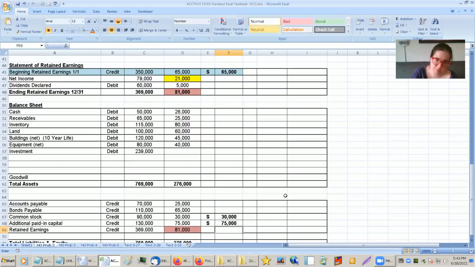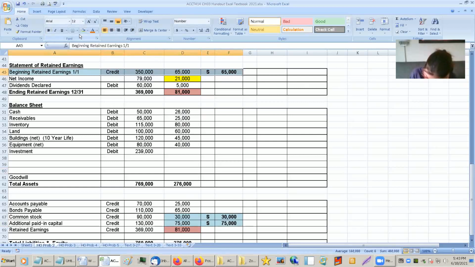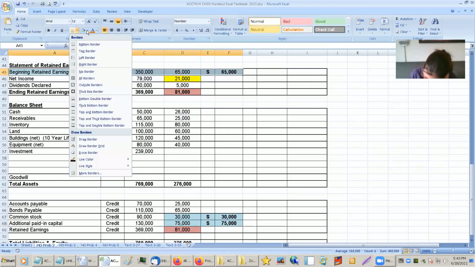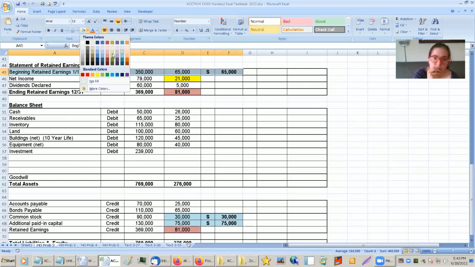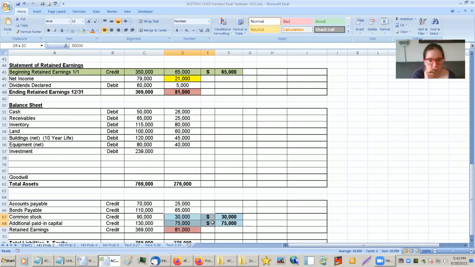Those don't exist because we bought 100% of the company, so there's no stock and no paid-in capital. Now here's the thing: even if we didn't buy 100%, we would still take 100% out, and then we'd add back in a certain amount.